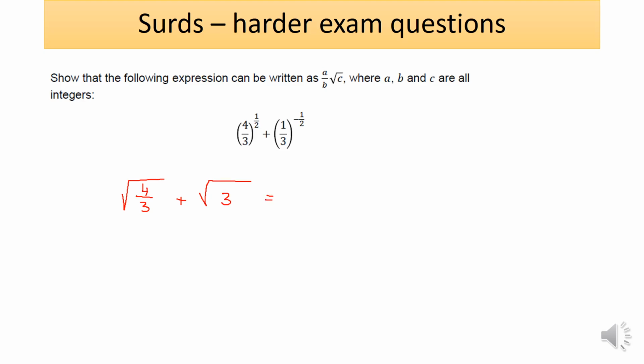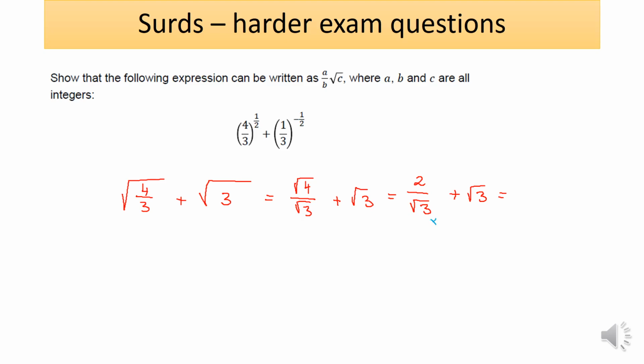Now the first fraction, okay, I can write as square root of 4 over square root of 3. I know that square root of 4 is 2, and I still have square root of 3 in my denominator. I will have to rationalize this denominator. That means that I need to times the numerator and the denominator by the same number.